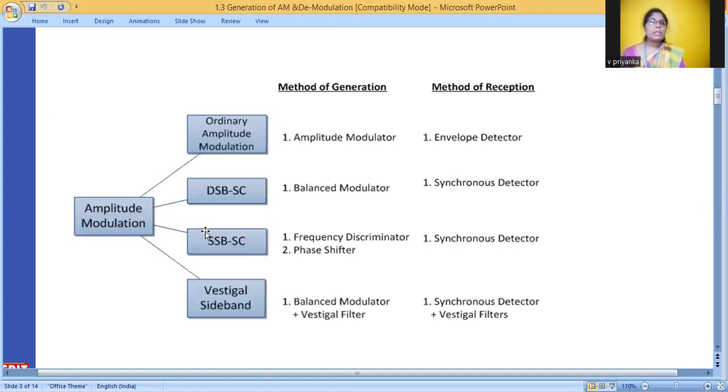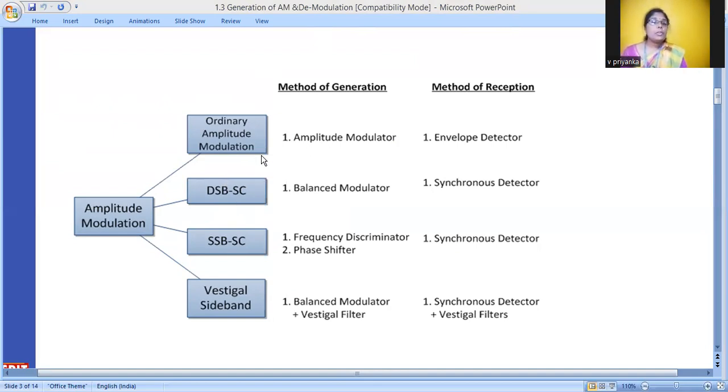Next, coming to amplitude modulation, it is divided into 4 different types: ordinary amplitude modulation, DSB-SC, SSB-SC, and vestigial sideband modulation. For generation of these 4, we can use different types of generation methods.